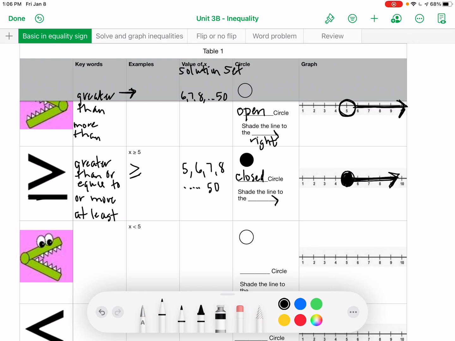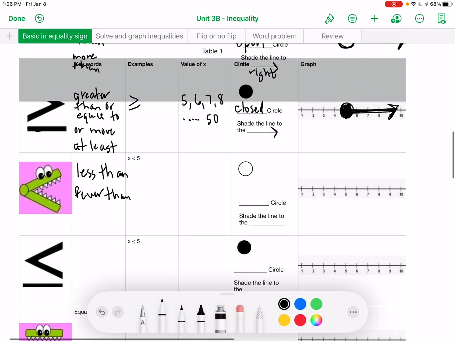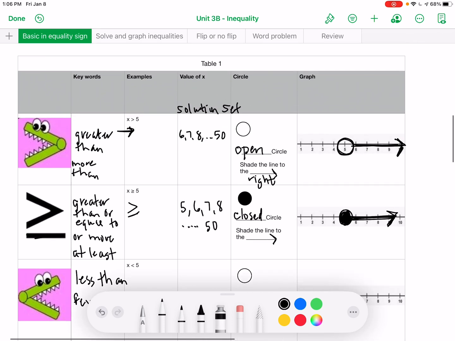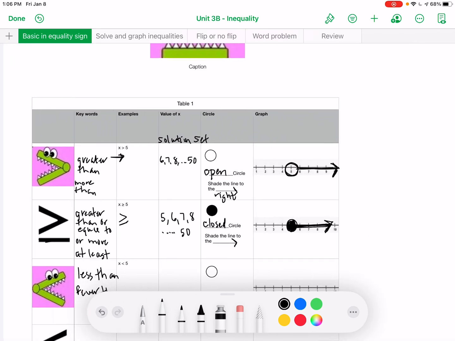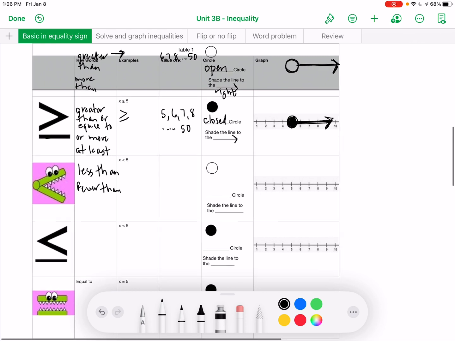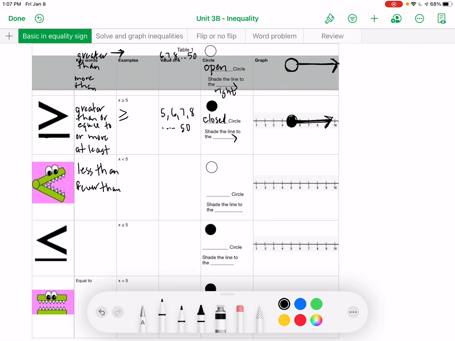Next, you have this sign. You'll be familiar with saying it is less than. You could also say it's fewer than. X is less than 5. So again, it is not including 5, so it's going to be an open circle.